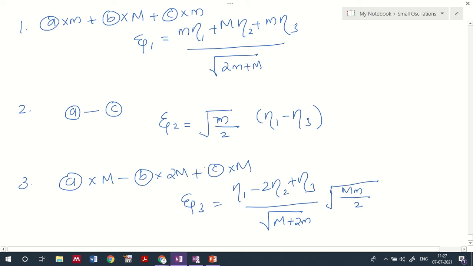So these are the three coordinate systems associated with this, the normal coordinates.